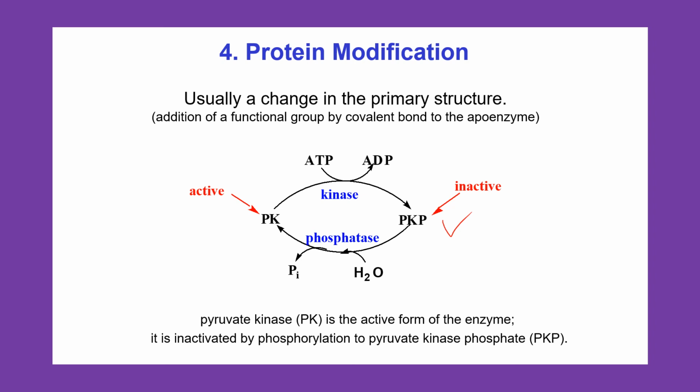When the activity of pyruvate kinase is not needed, it is phosphorylated to inactive pyruvate kinase phosphate by a protein kinase using ATP as substrate as well as a source of energy. When the system wants to turn on pyruvate kinase activity, the phosphate group is removed by another enzyme, phosphatase, which renders pyruvate kinase active.